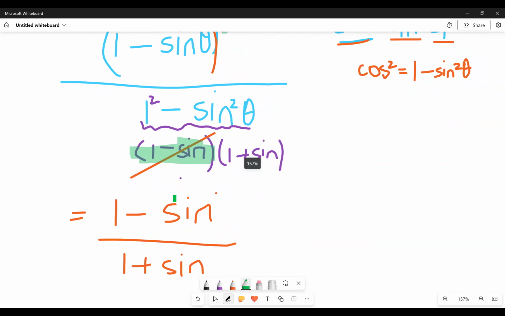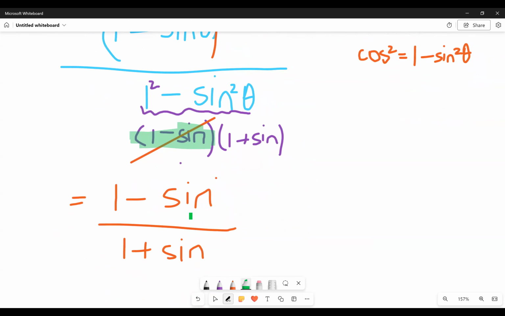And now we have 1 minus sine all upon 1 plus sine. Any confusion about that? No confusion, right?